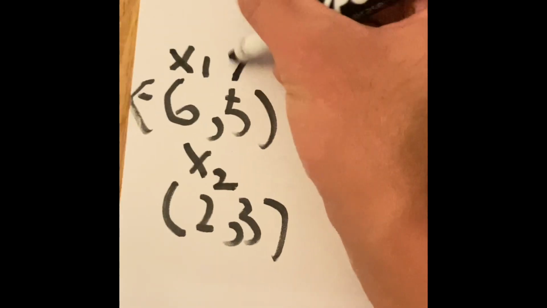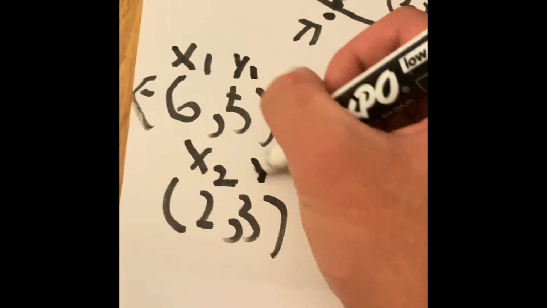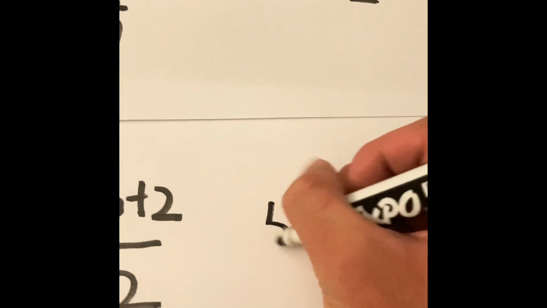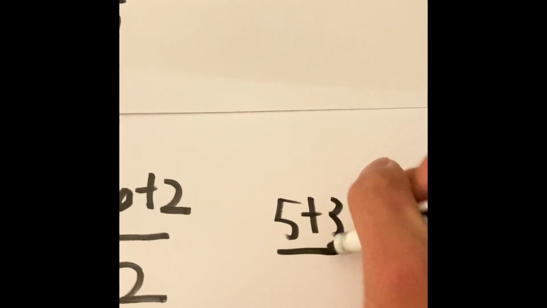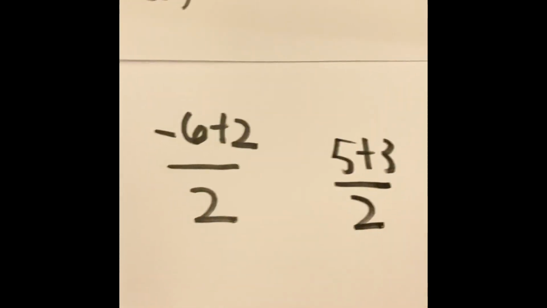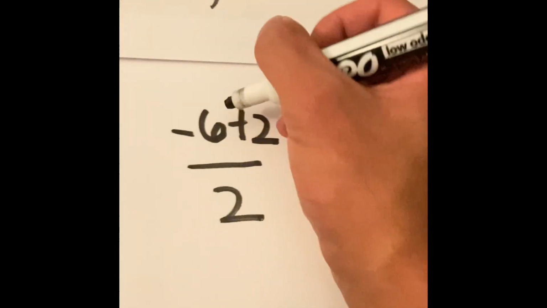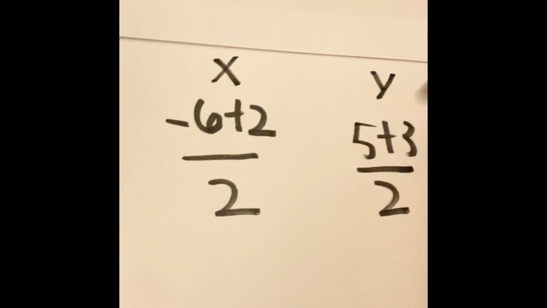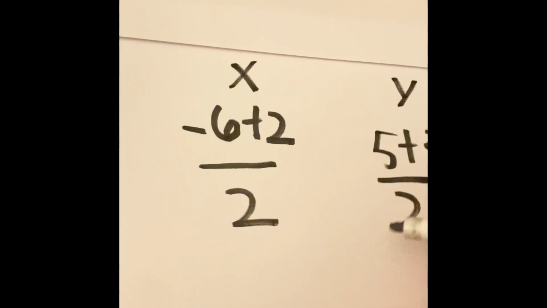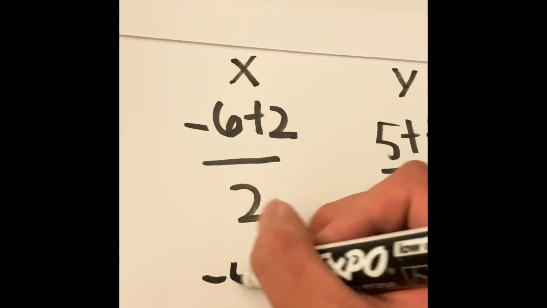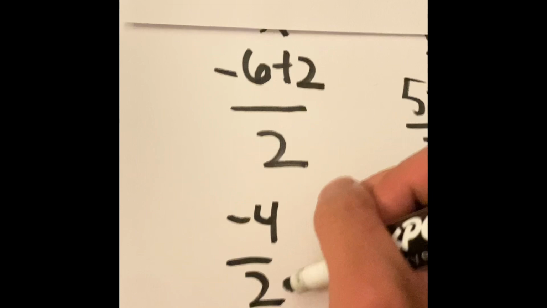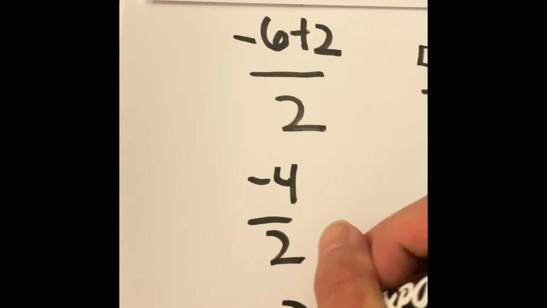So now it will say 5 plus 3 divided by 2. Let's simplify. Let's start with the x side first. Negative 6 plus 2 is going to be negative 4. Negative 4 divided by 2 is going to be negative 2.